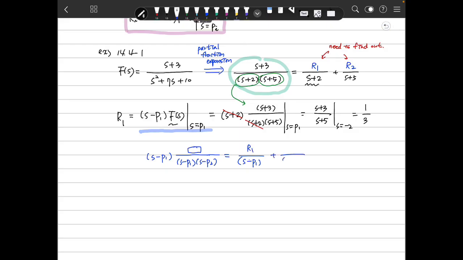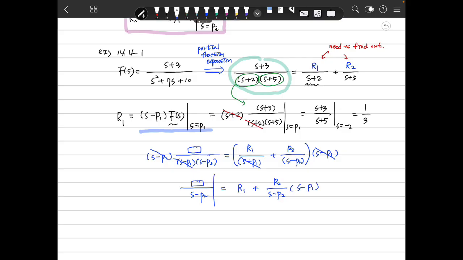R1 plus S minus P2, R2, S minus P1. So because of that we get it, there will be S minus P2 something, R1 plus S minus P2, R2, S minus P1.